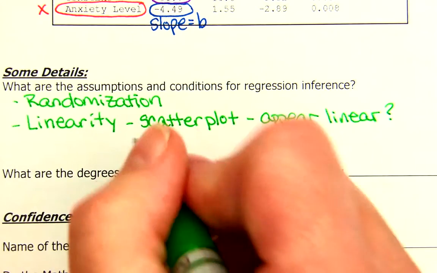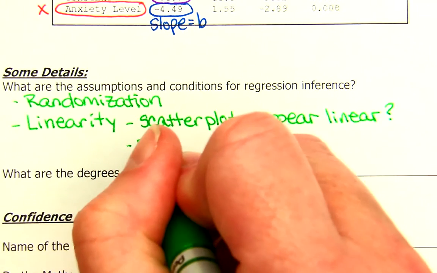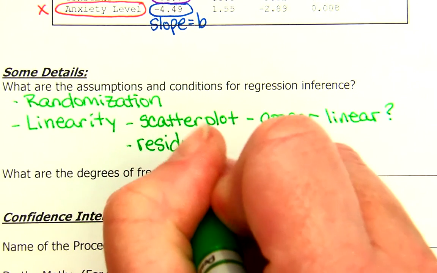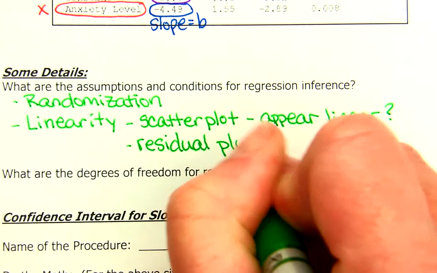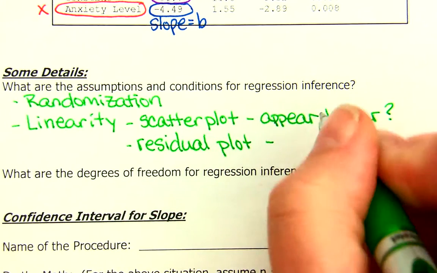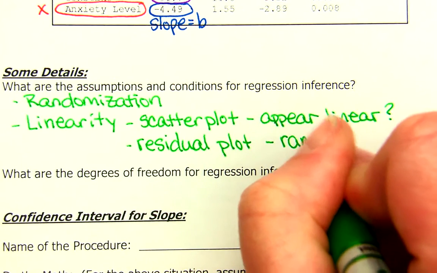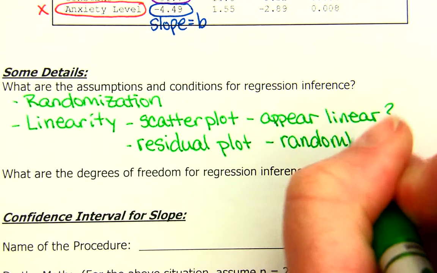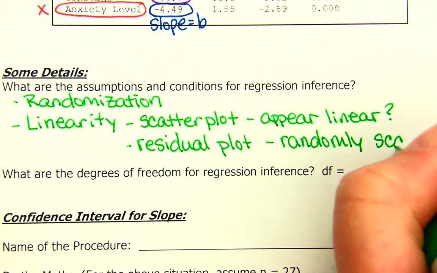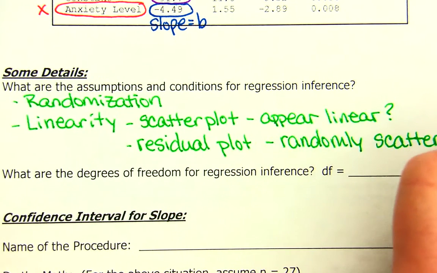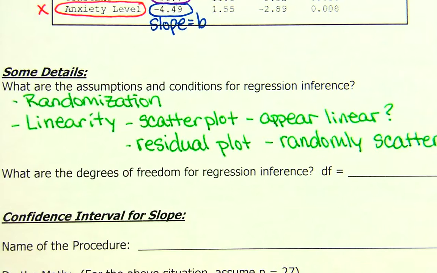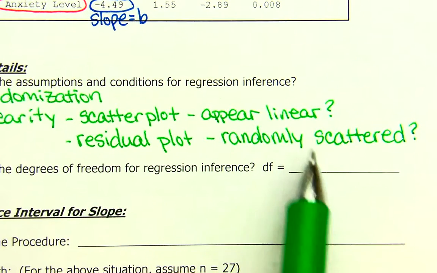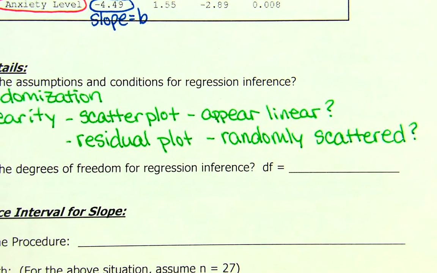The other thing you can look at is a residual plot. And there you want to know, is it randomly scattered? So it can do either of these two things. It just has to do one. You don't have to show both.